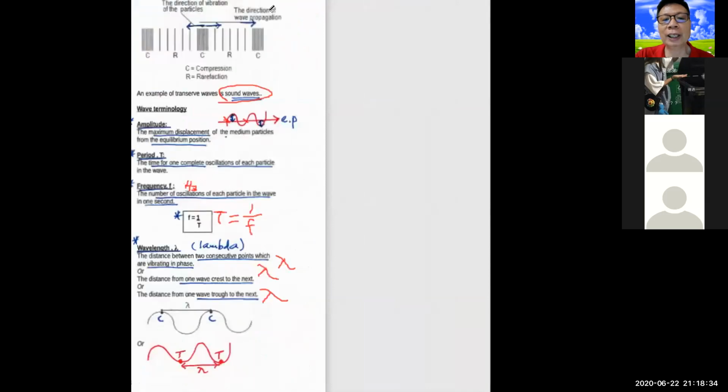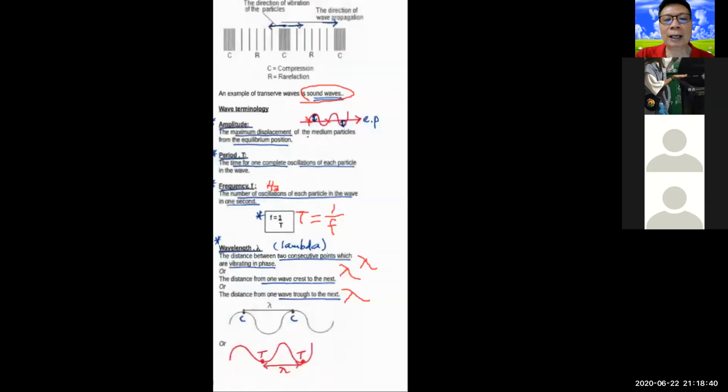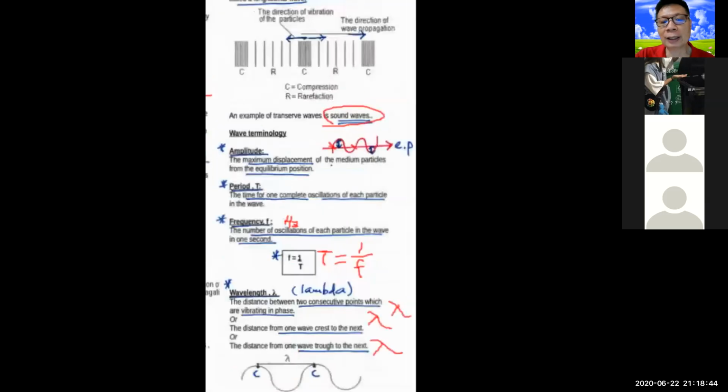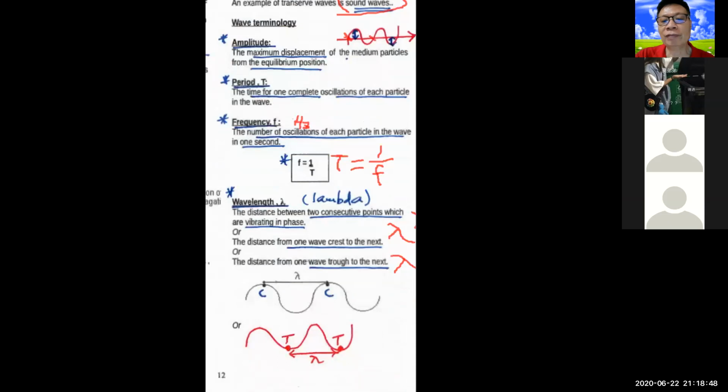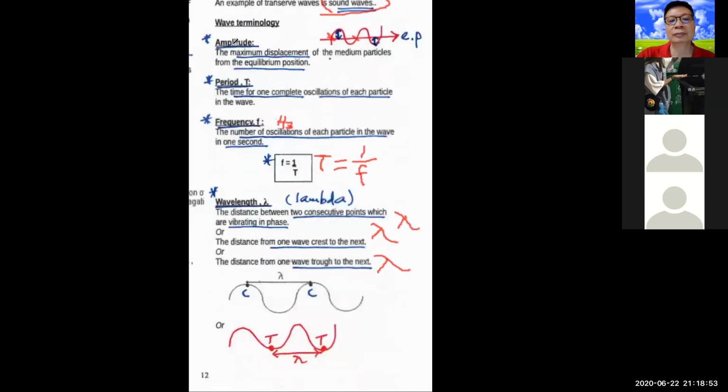All from the beginning here. Start from amplitude. The wavelength. So read all this or memorize it. Amplitude, period, frequency, wavelength.